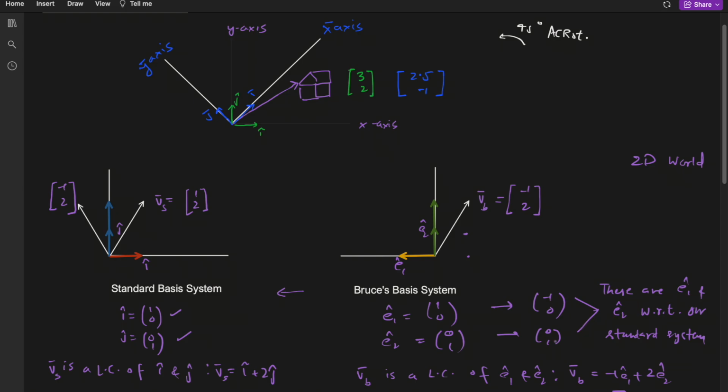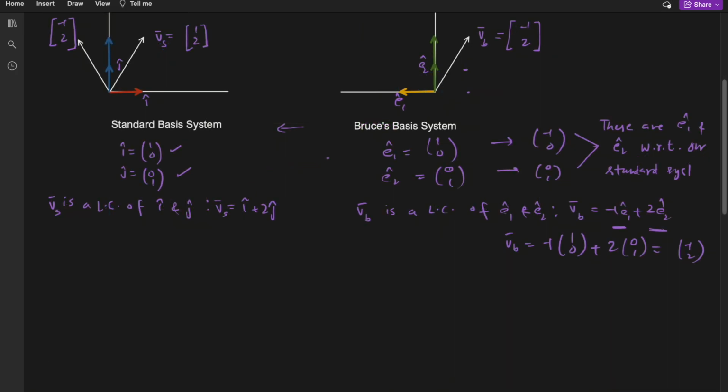So we will use these e1 hat and e2 hat with respect to our standard system to convert the coordinate. Okay. So let's see how we will get this vector, the vector for the target location in our basis system.